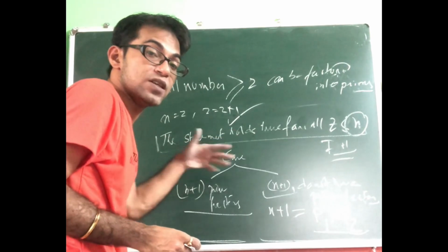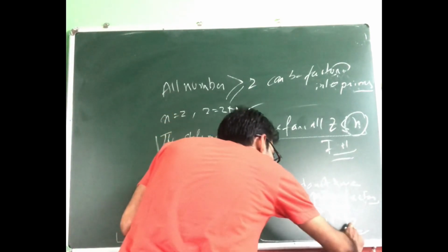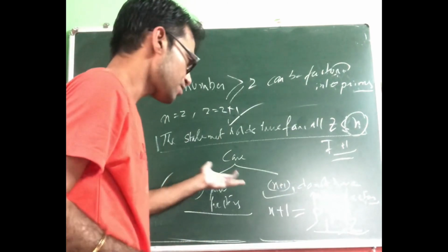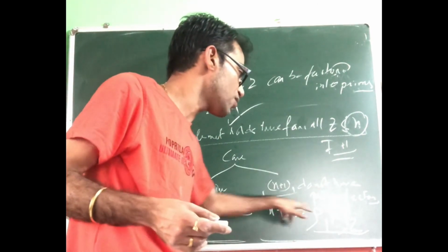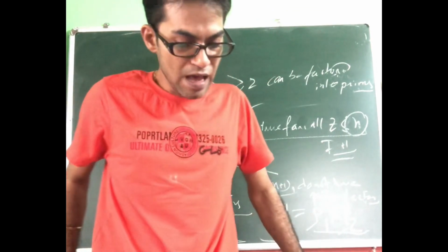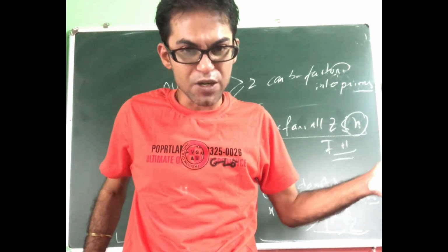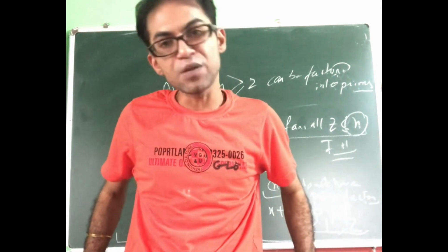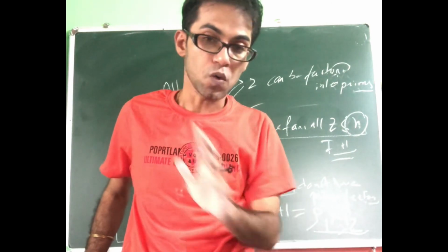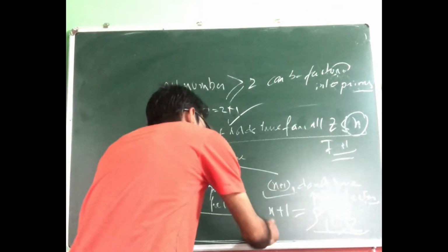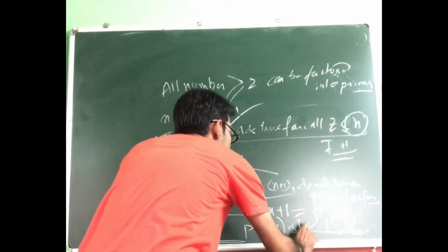So n plus 1 breaks down into p1 and p2, and p1 and p2 can themselves be factored into prime because that holds true. So that means P(n plus 1) is true.